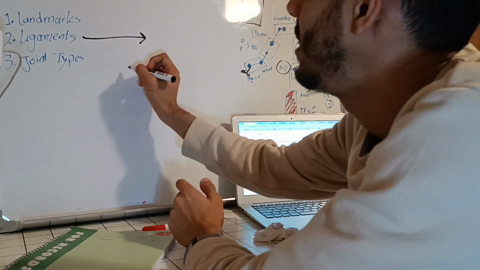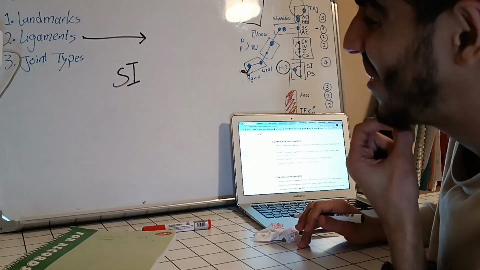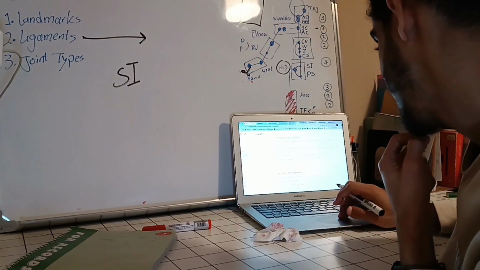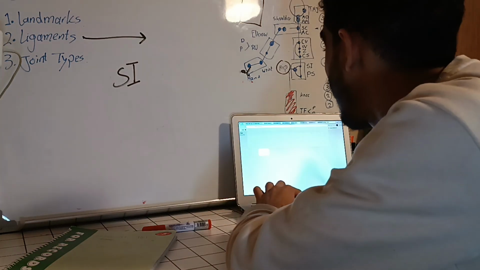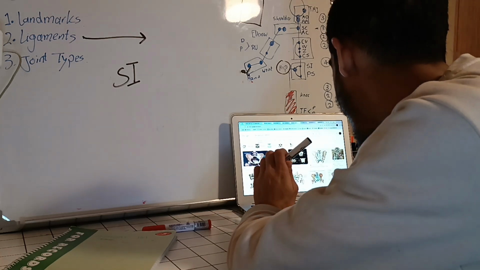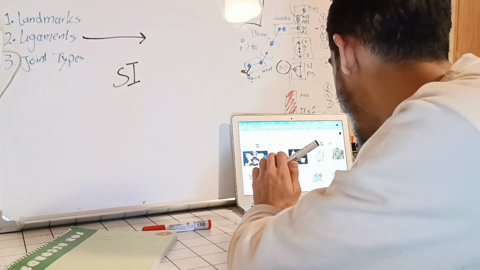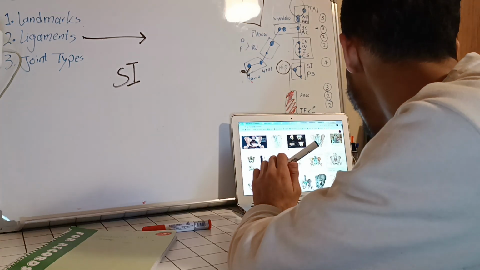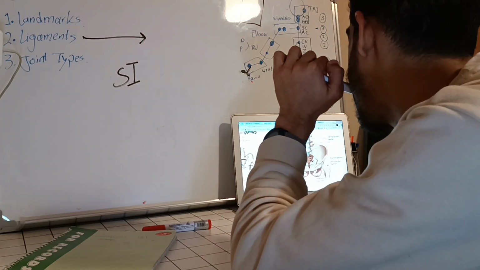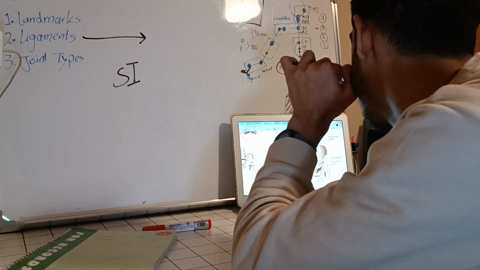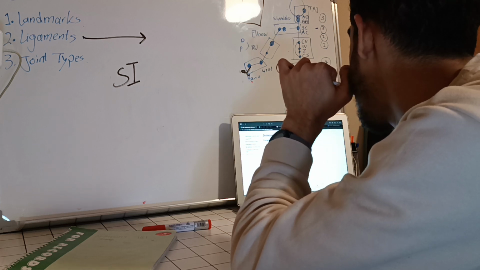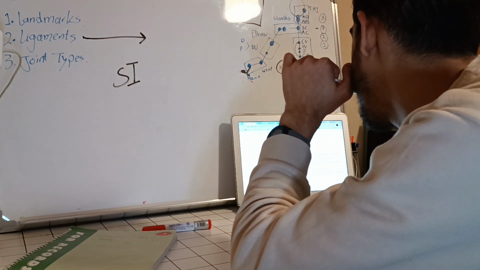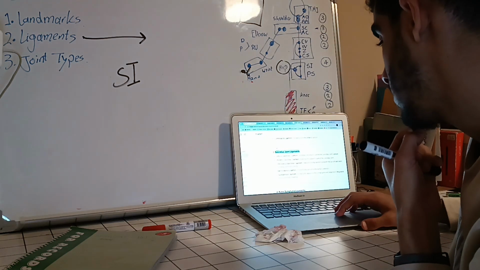The sacroiliac joint. In the sacroiliac joint, we have sacrospinous and sacrotuberous.